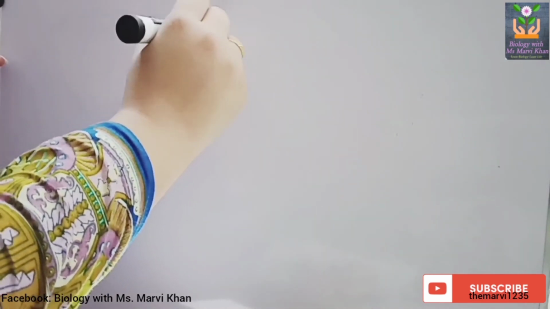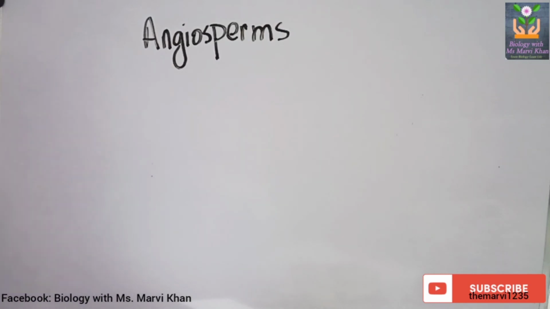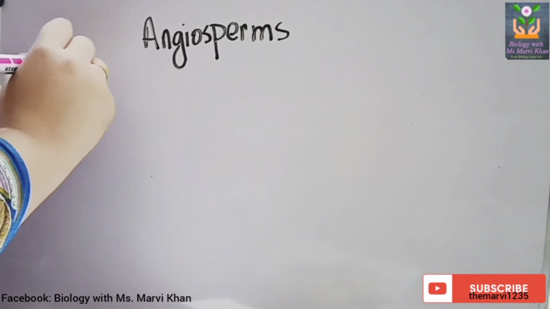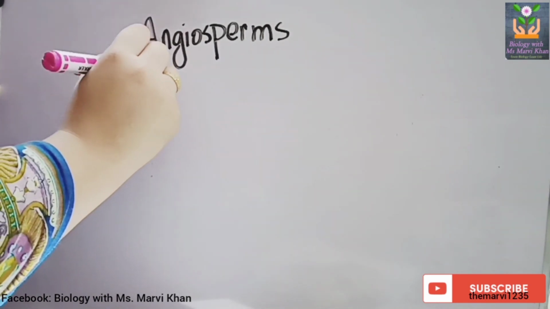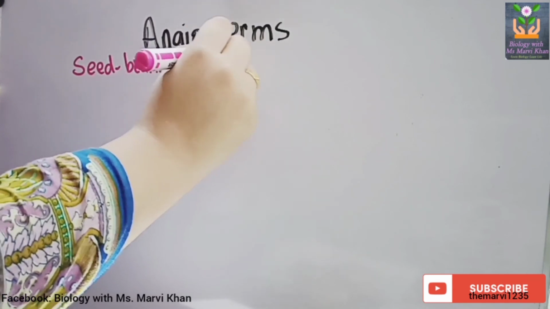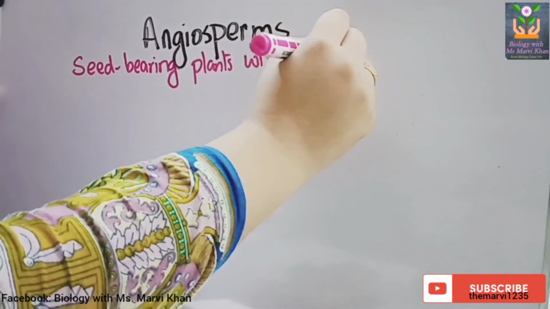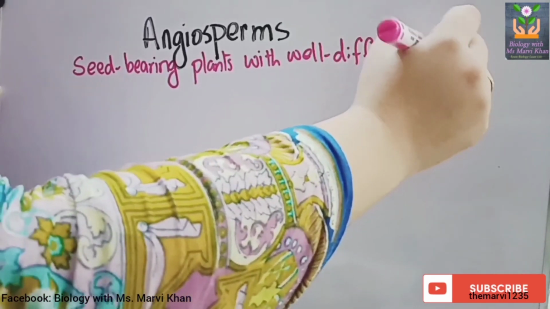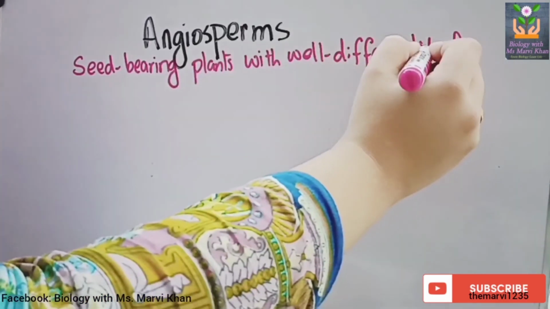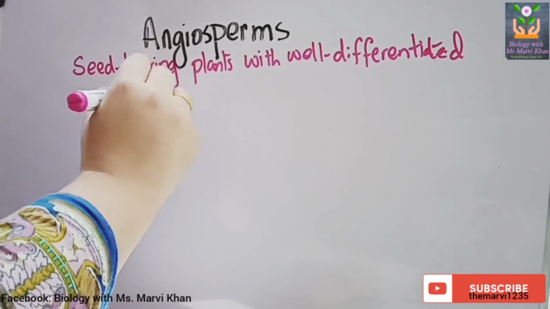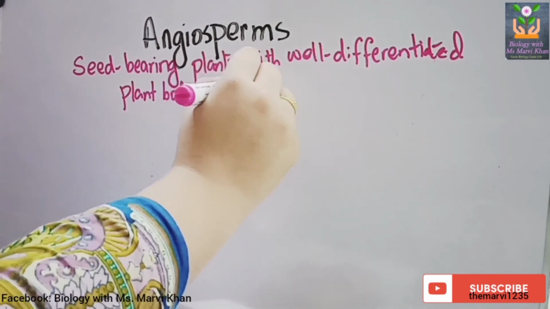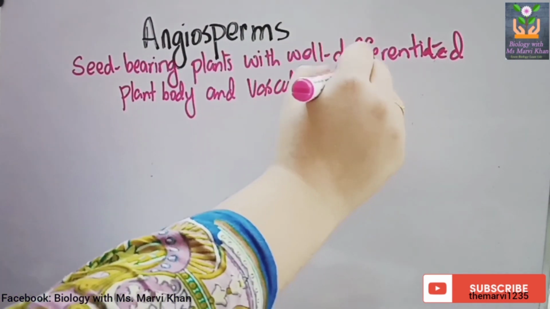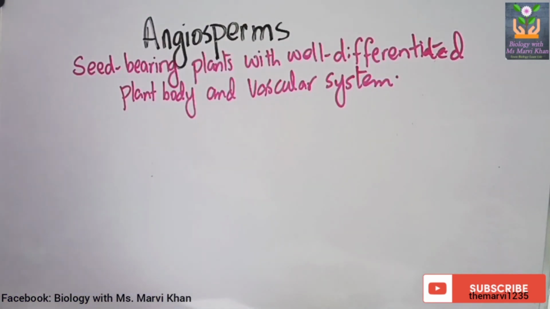Next category is Angiosperms. Angiosperms are flowering plants. Flowering plants are seed-bearing plants with a well-differentiated plant body. They also have a vascular system, and their seeds are enclosed within a fruit.